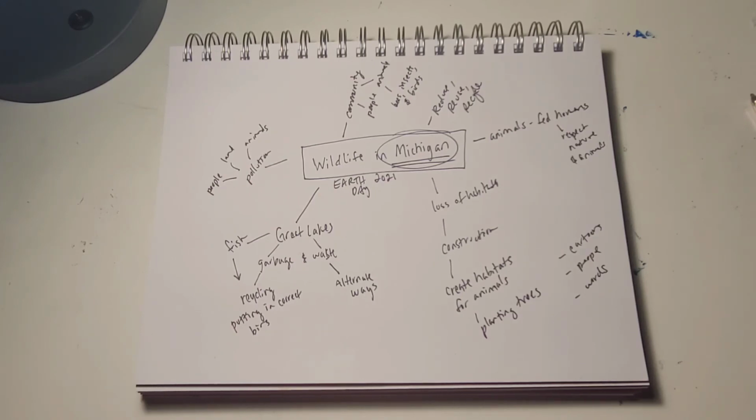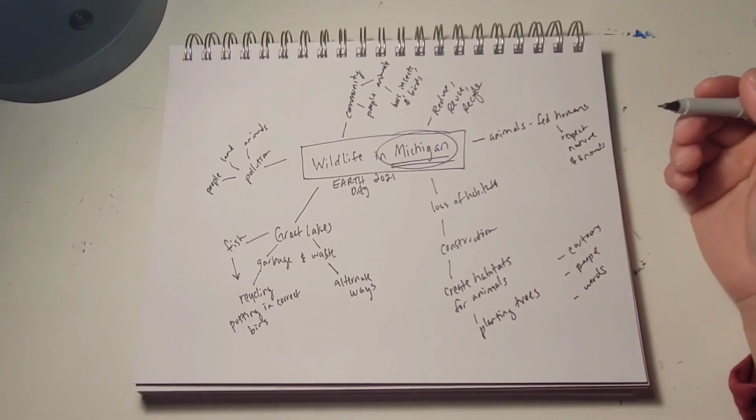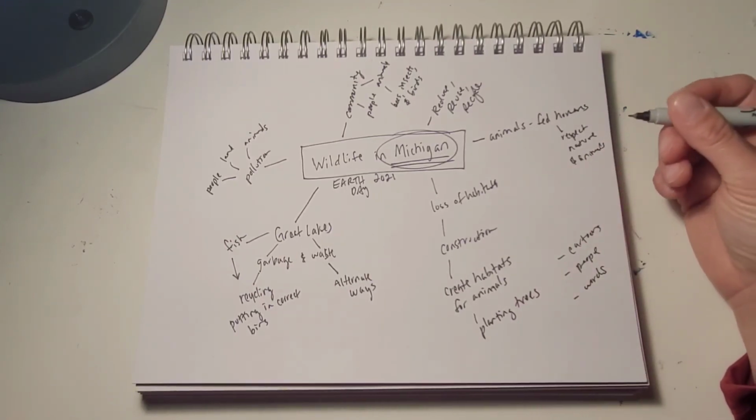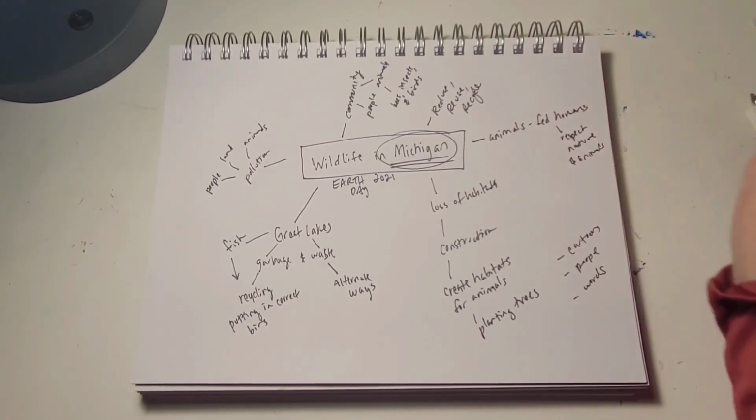But for example, one idea that I thought was really cool is maybe having mascots from different teams, like the Tigers and the Lions, be reducing, reusing, and recycling. That'd be kind of cool. So try to think about Michigan and what's important to Michigan, wildlife, and other things.